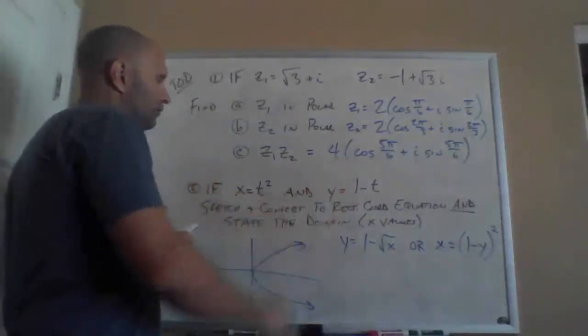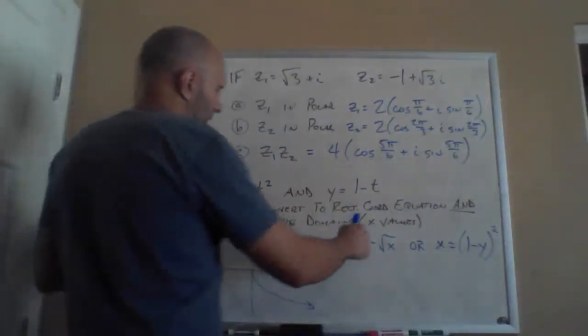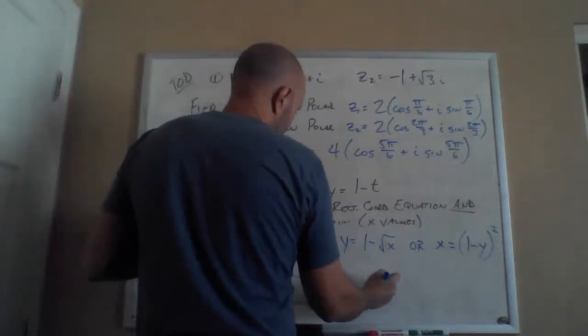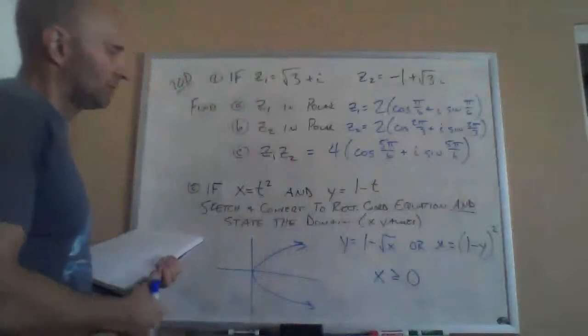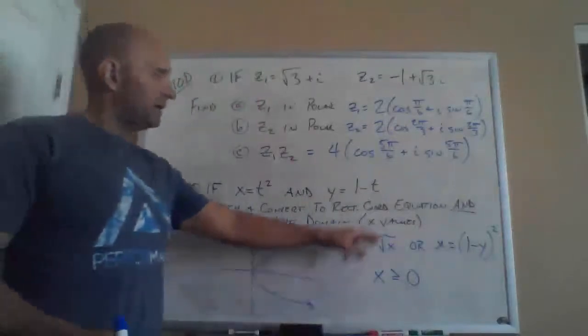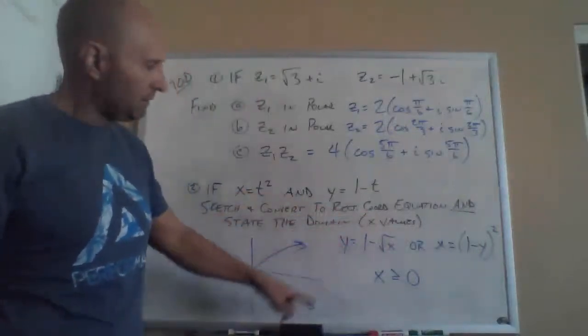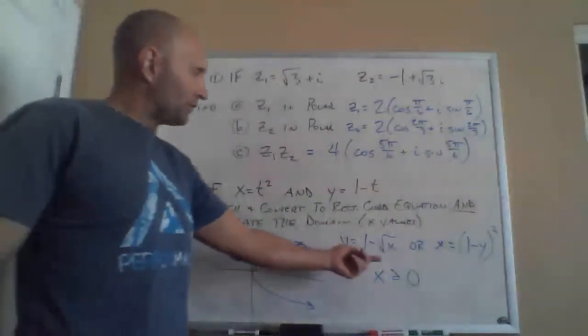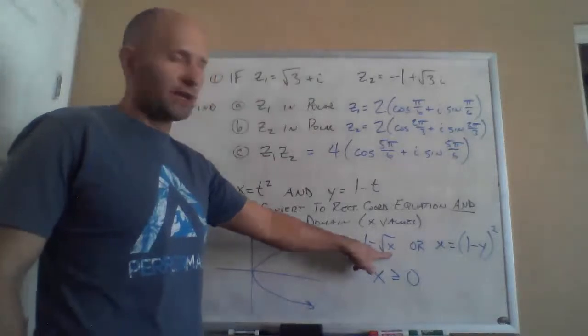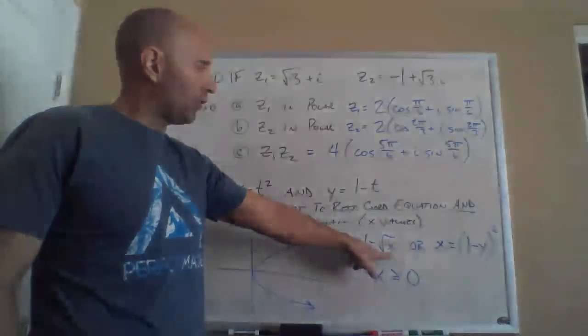But again, we need the domain for these. We have that x has to be greater than or equal to 0. Either of these equations is fine, but with the restriction that x has to be greater than or equal to 0, which obviously makes sense for the first one because you can't have negative values for a radical.